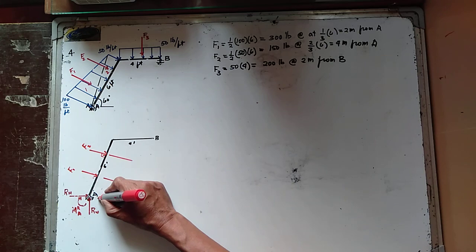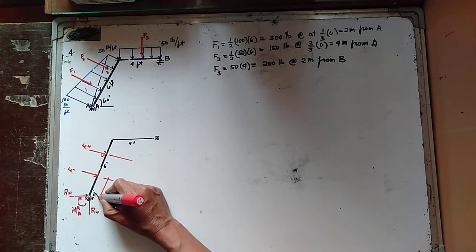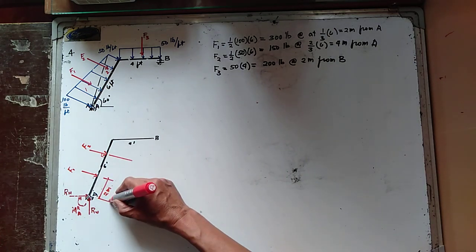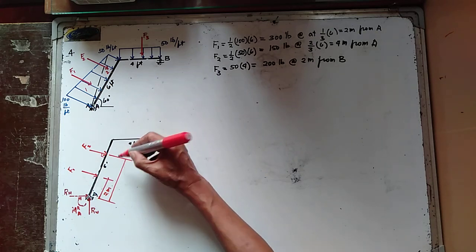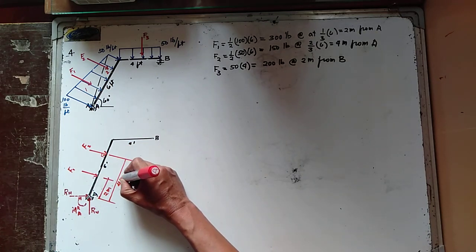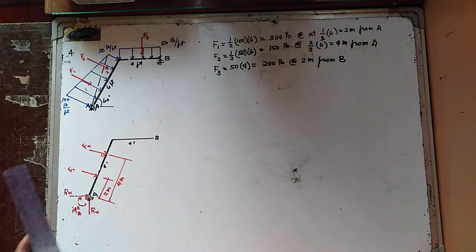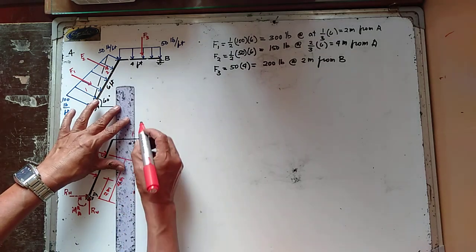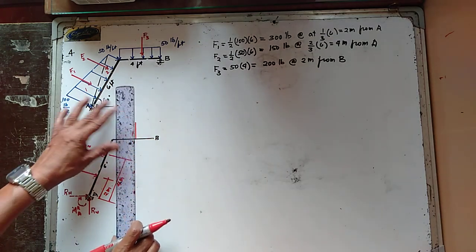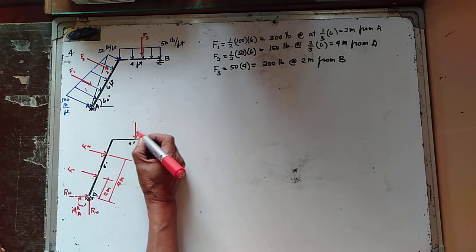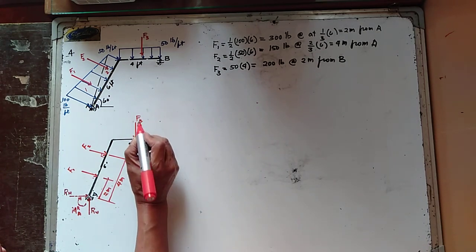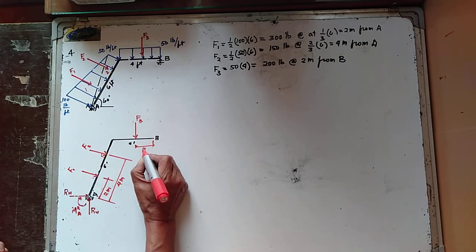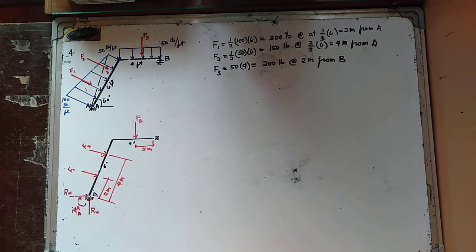F1 is 2 meters from point A, F2 is 4 meters from point A, and we now have your F3, whose location is 2 meters from point B.